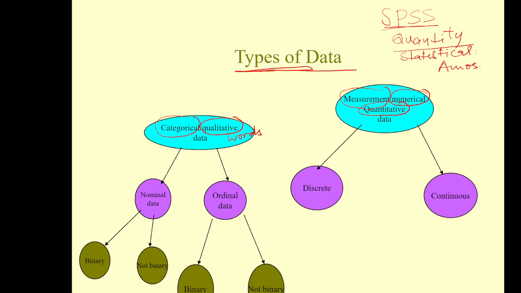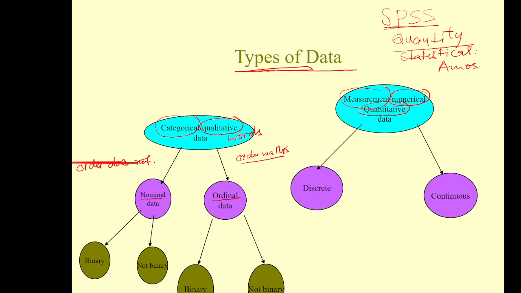Those can be categorized into nominal data and ordinal data. So ordinal data is the data in which order matters, right? And in nominal kind of data, the order does not matter.